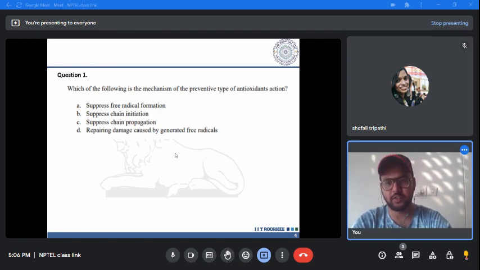Question first for this class: which of the following is the mechanism of preventive type of antioxidant action? Options are: A, suppress free radical formation; B, suppress chain initiation; C, suppress chain propagation; and D, repairing damage caused by the generated free radicals.